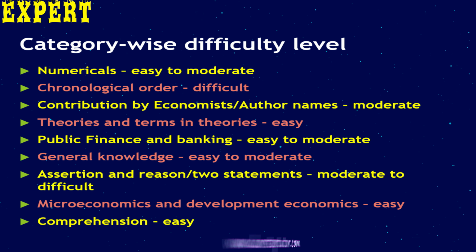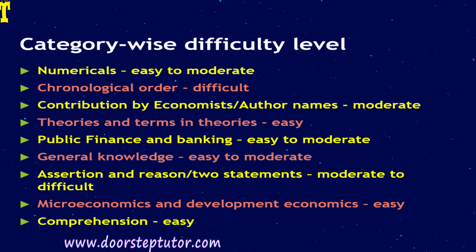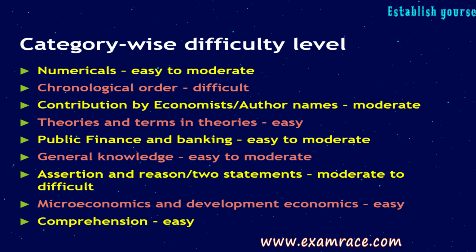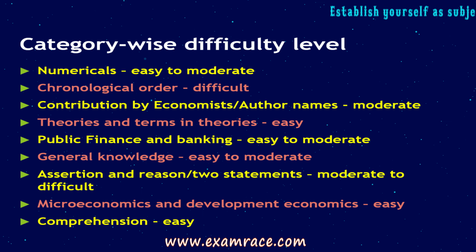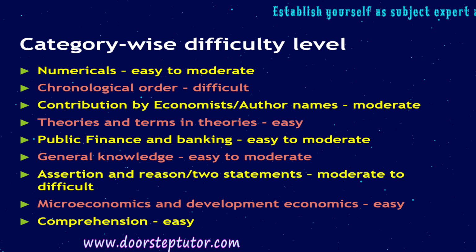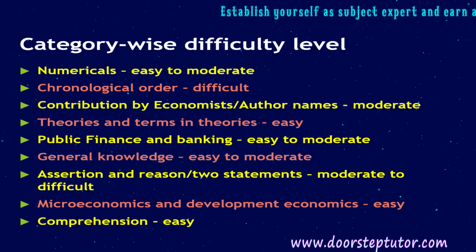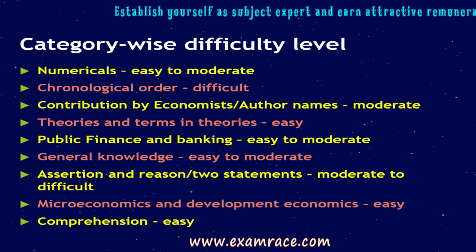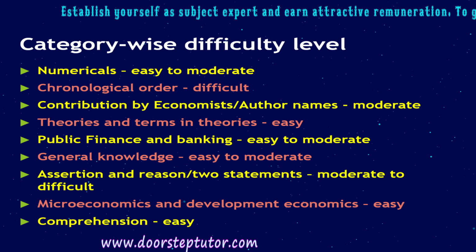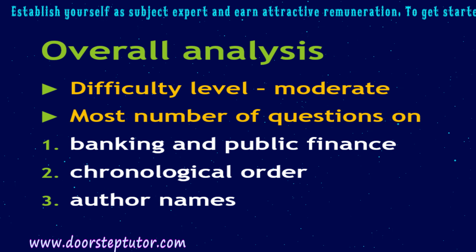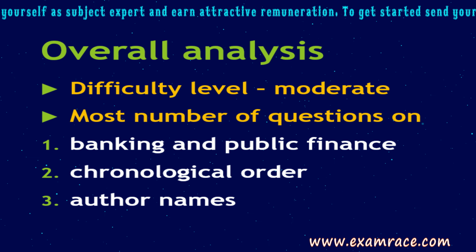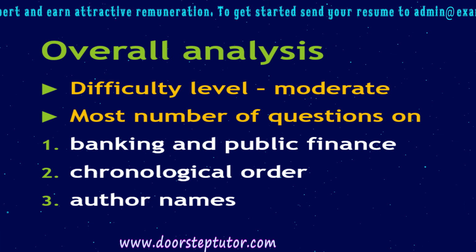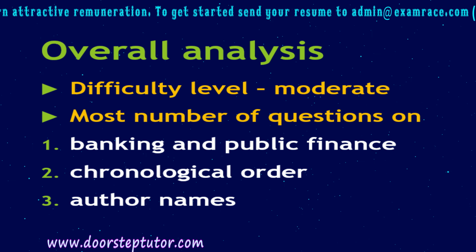And then in the last there were 10 questions based on a comprehension passage. So a passage was given, and on the basis of your understanding of that passage, you had to answer 10 questions, I think, and they were very easy to attempt. So basically most questions were from public finance and banking sector, and chronological order, and contribution made by various authors.